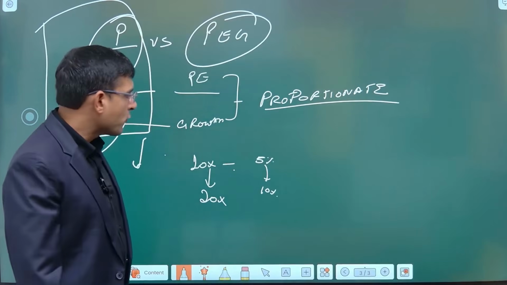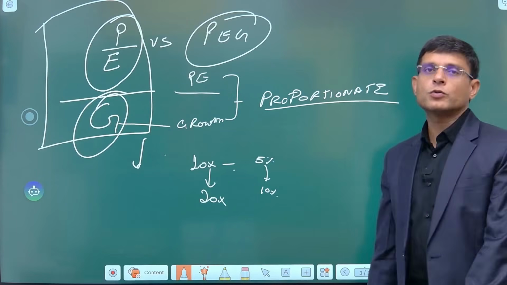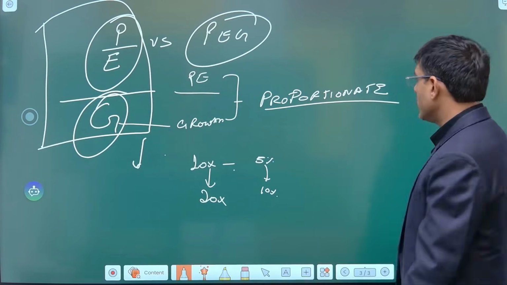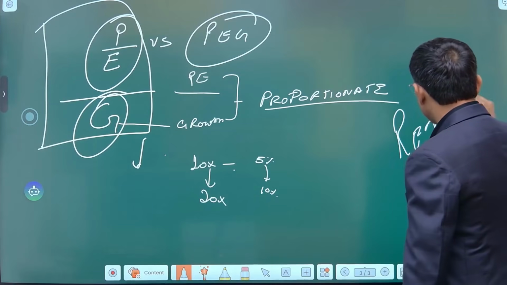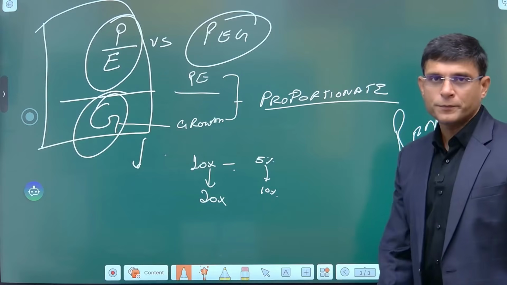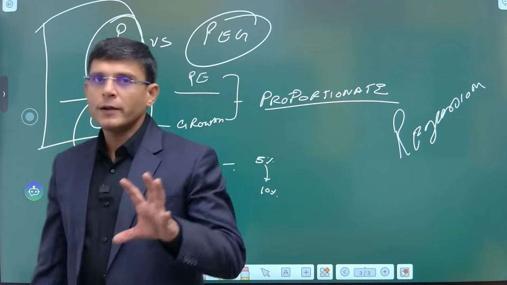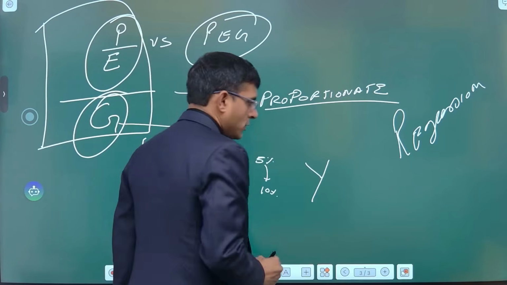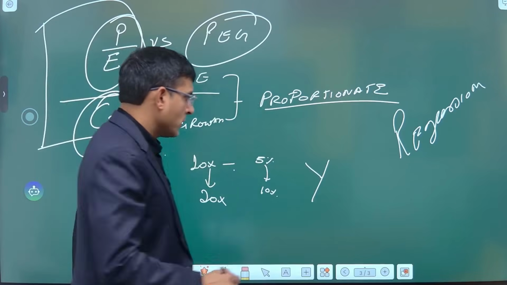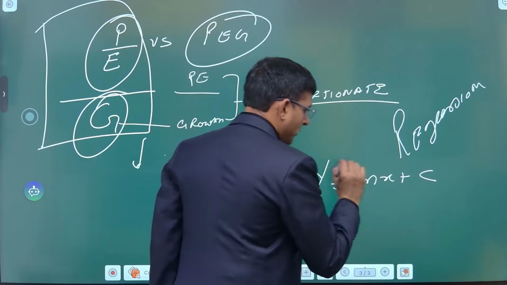So the solution is what? Guys, here we can apply a more sophisticated method to discount this growth in the multiple. And this method is regression. We can try to find a regression equation between independent and dependent variable, where the equation relates to just one factor, y is equal to mx plus c, a one variable equation.